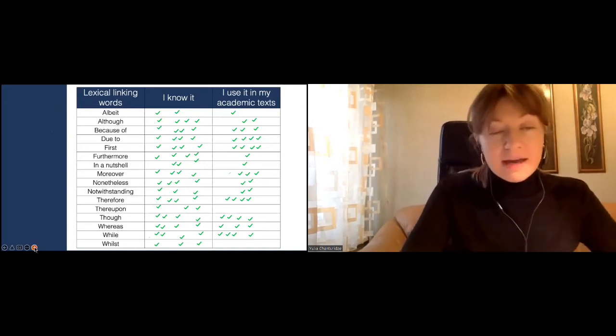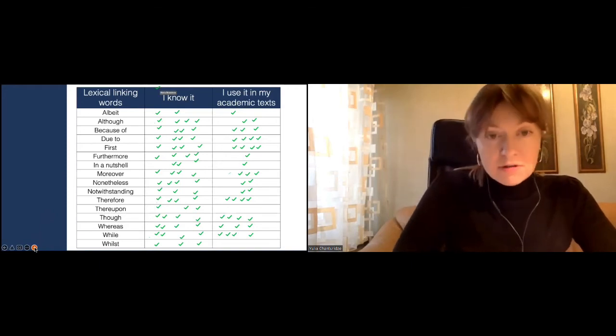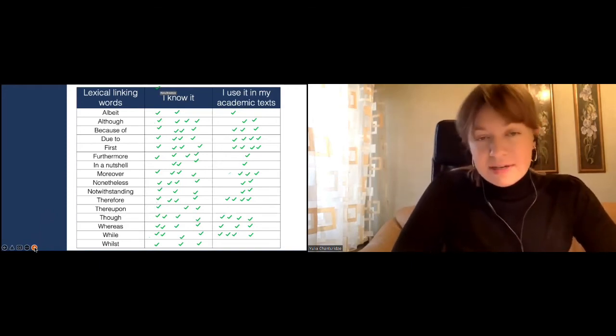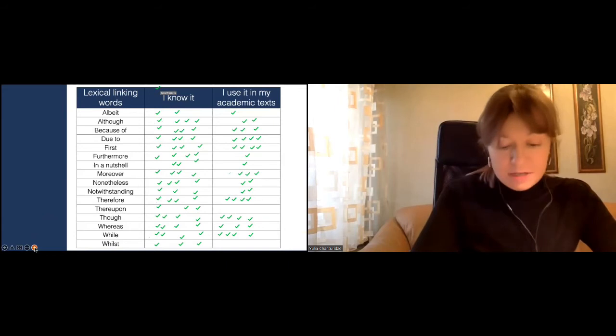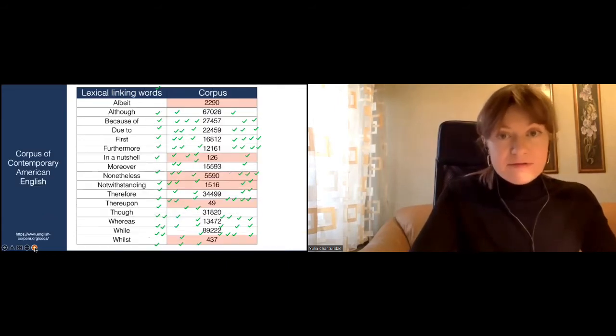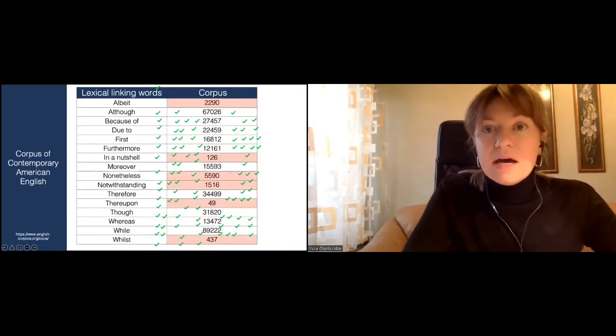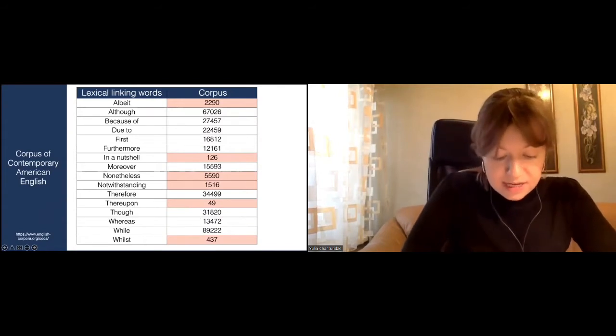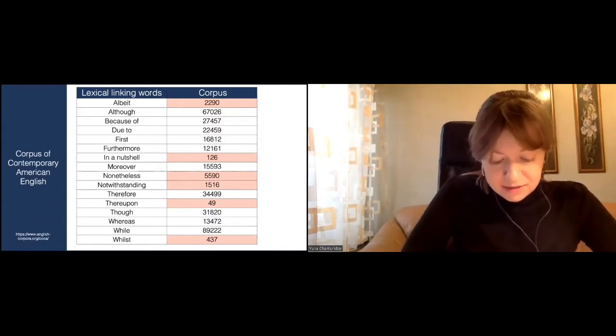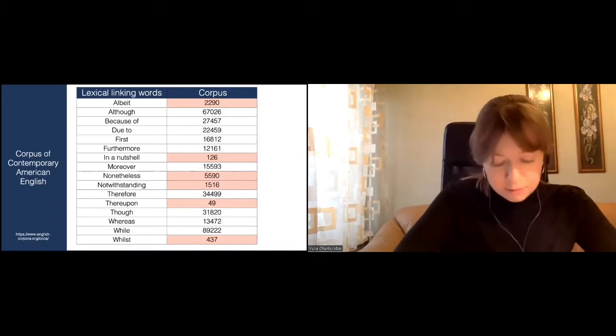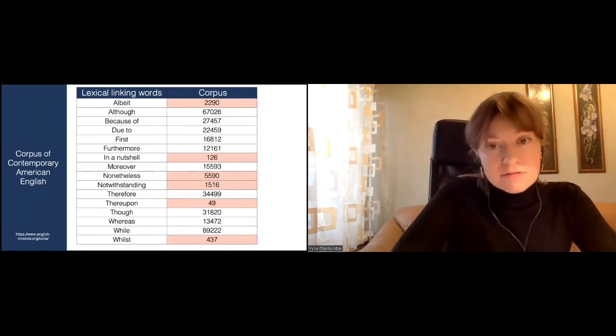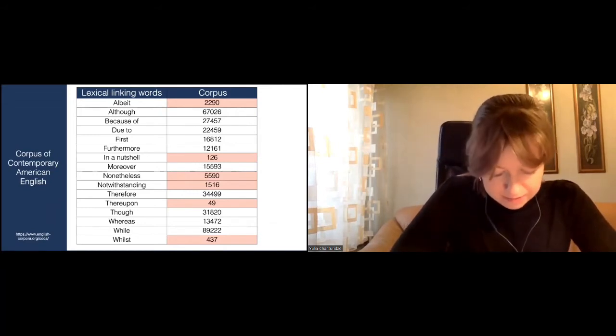This is what I have consulted, the Corpus of Contemporary American English, and this is what I have collected from there. The table demonstrates the frequency of these linking words in academic texts starting from 1990.